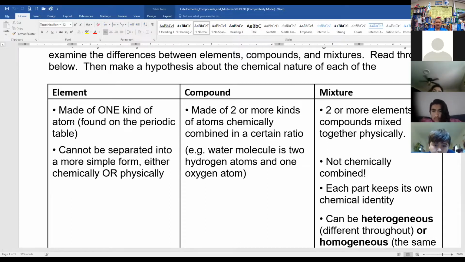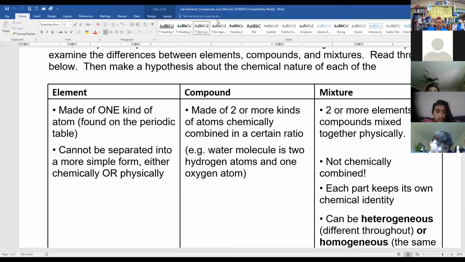Okay, over 100 different elements, but if you have a sample made up of one kind of atom, that's called an element. The sample cannot be separated into smaller parts that are different, because all of those atoms are the same, one kind of atom.